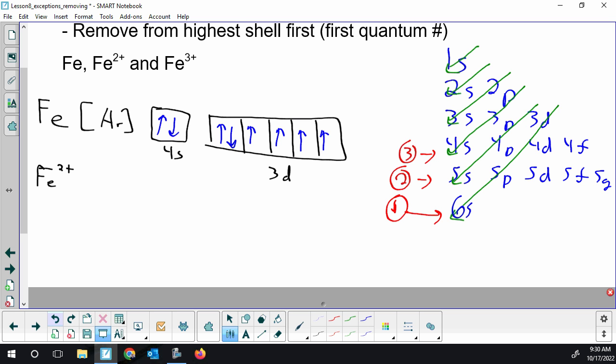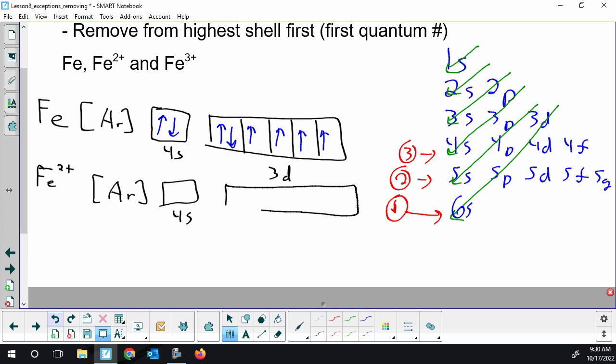First ion that we've done. We haven't done a single ion yet. Argon core, 4s. We have to think of our atom, which is right above it.